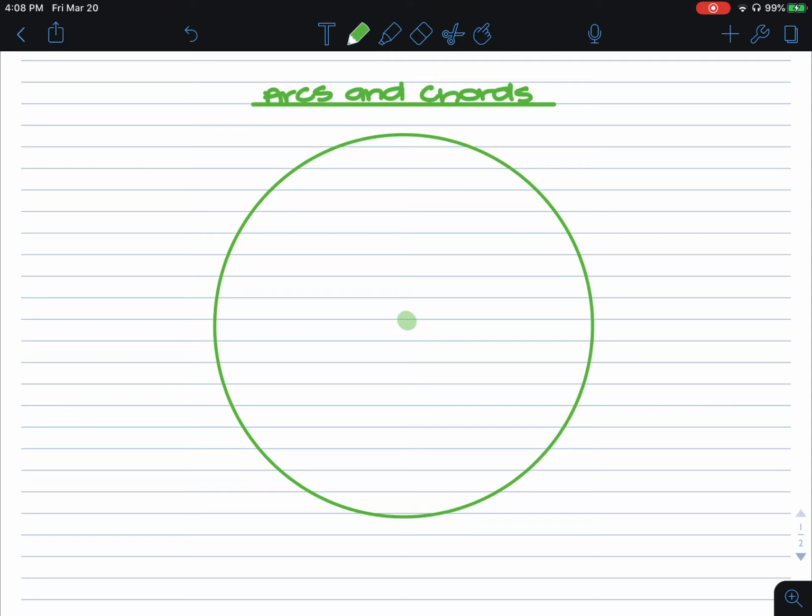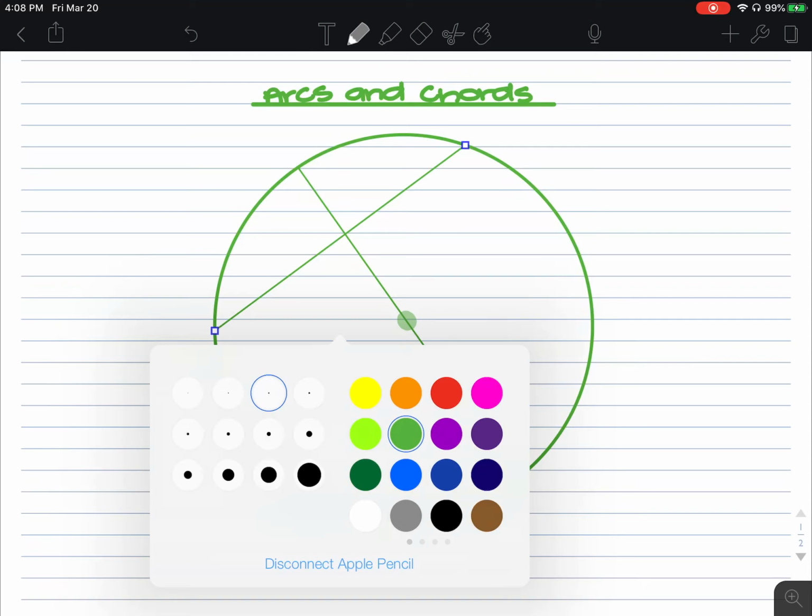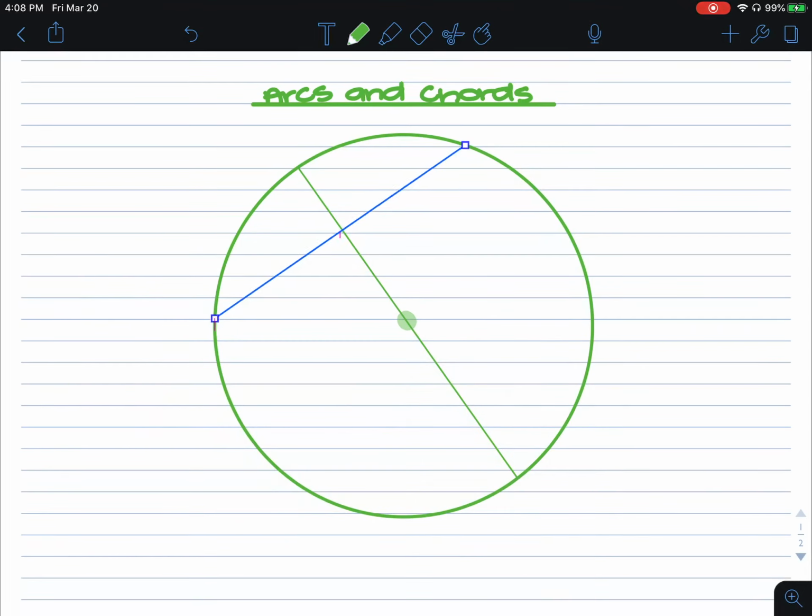So if I had a diameter, again, we know a diameter goes through the center of the circle from one end to the other. So this green line is my diameter. If my diameter was ever perpendicular to a chord, let's say I have this blue chord here.